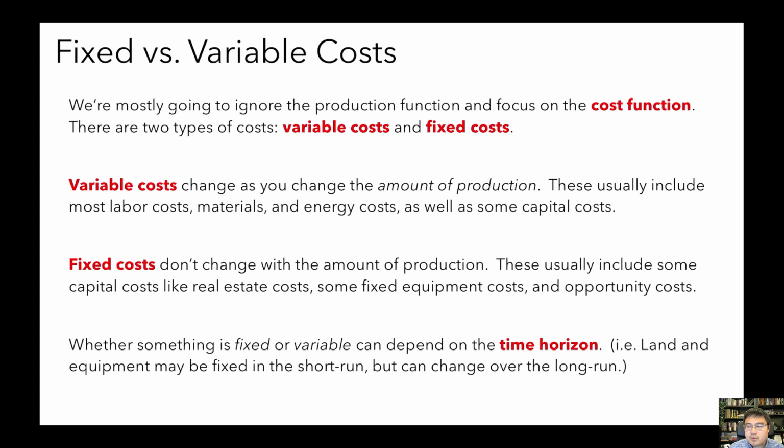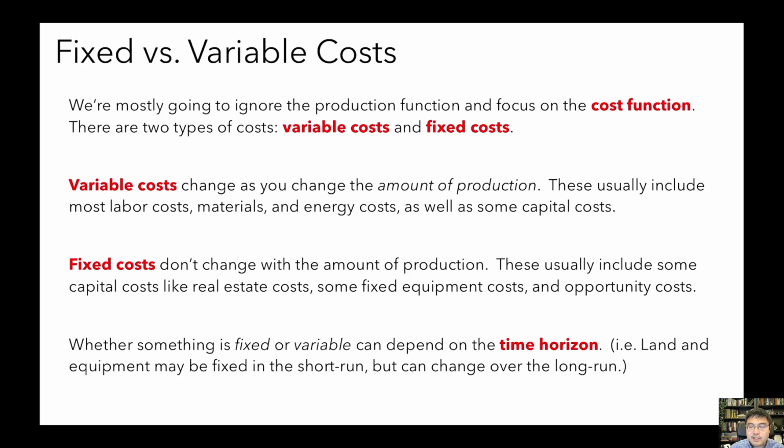Okay. One thing that you should always keep in mind is that whether a cost is fixed or variable can sometimes depend on the time horizon, right? Meaning long run or short run. So for example, land and specific large pieces of equipment might be fixed in the short run, but in the long run they might be able to change. So going back to our coffee shop example, the amount of real estate that the coffee shop has to pay rent for is definitely fixed in the short run.